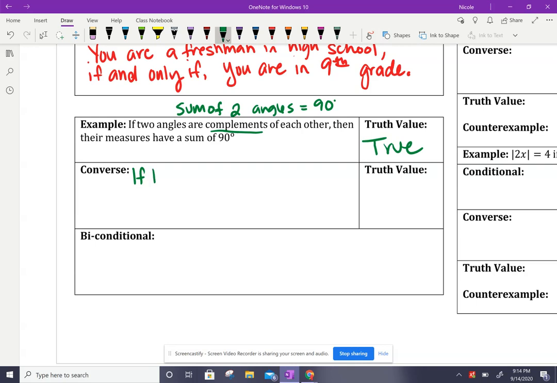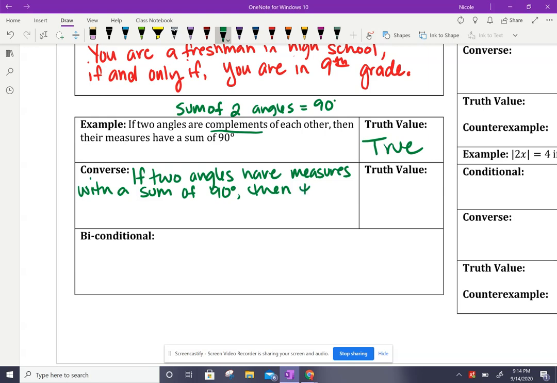So if two angles have measures with a sum of 90 degrees, comma, then they are complements of each other.